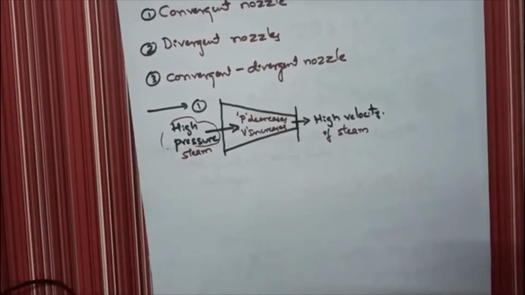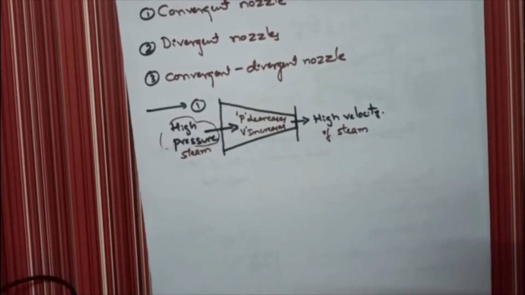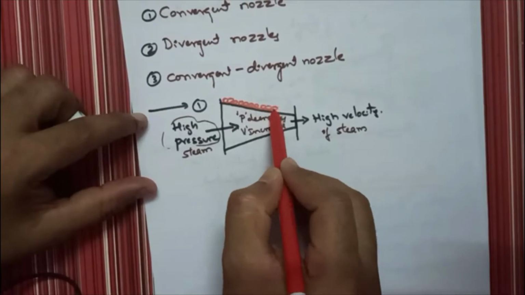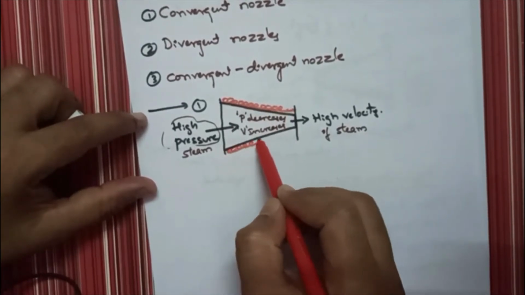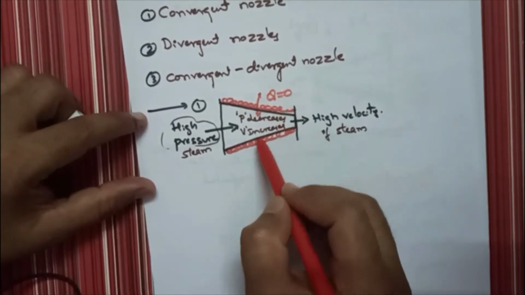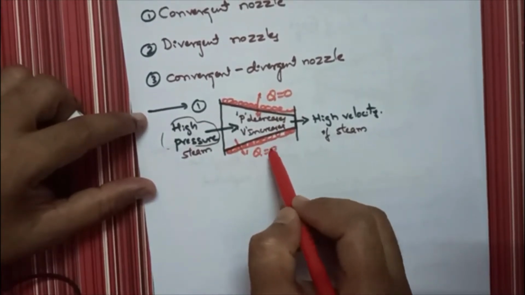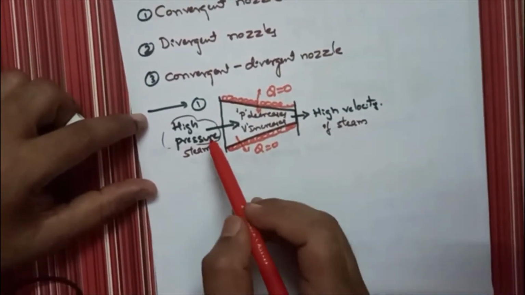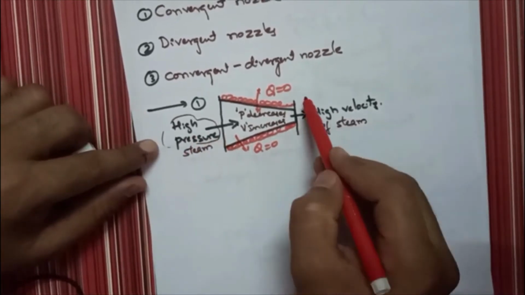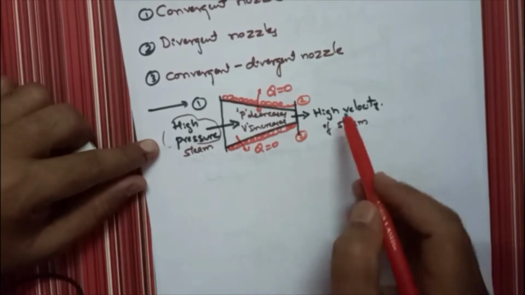And dear students, remember, in the nozzle the surface of the nozzle will always be insulated. The heat exchange from the system to the surrounding is zero because it is an adiabatic process, Q is equal to 0. From the inlet, high pressure steam, at the outlet it will be converted into high velocity.